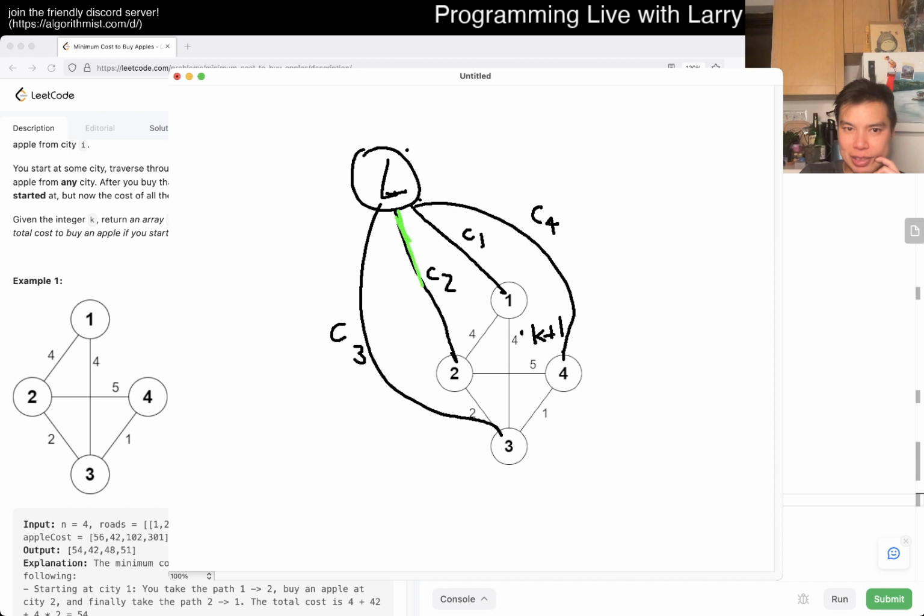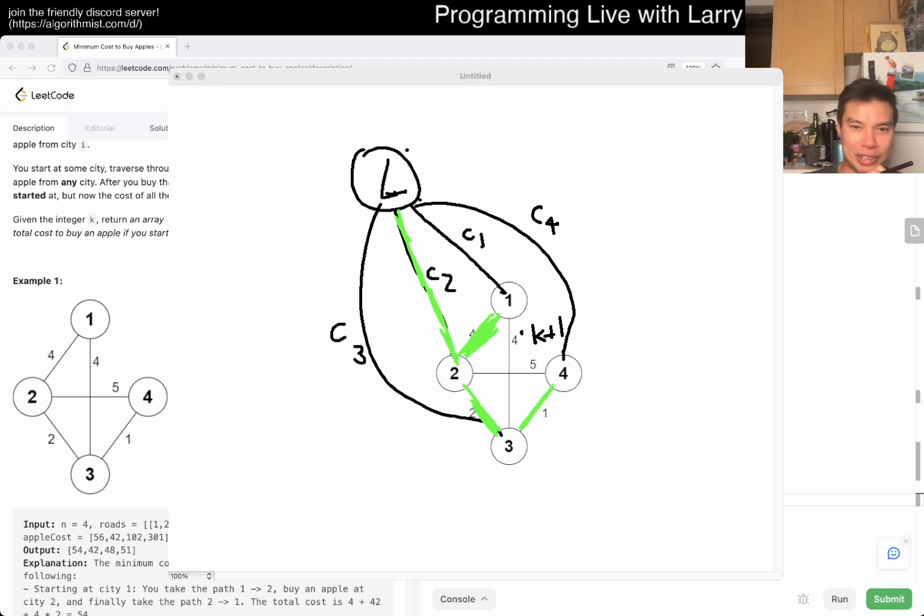You have this one, and then this one, I think this one and this one. So that's the shortest path spanning tree. And basically, the node that the Larry node is connected to is the one that we're buying from because we're using the C2.